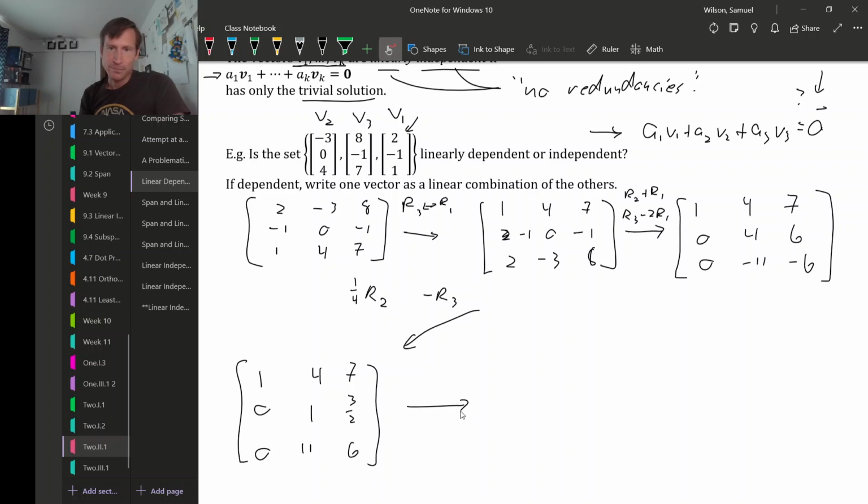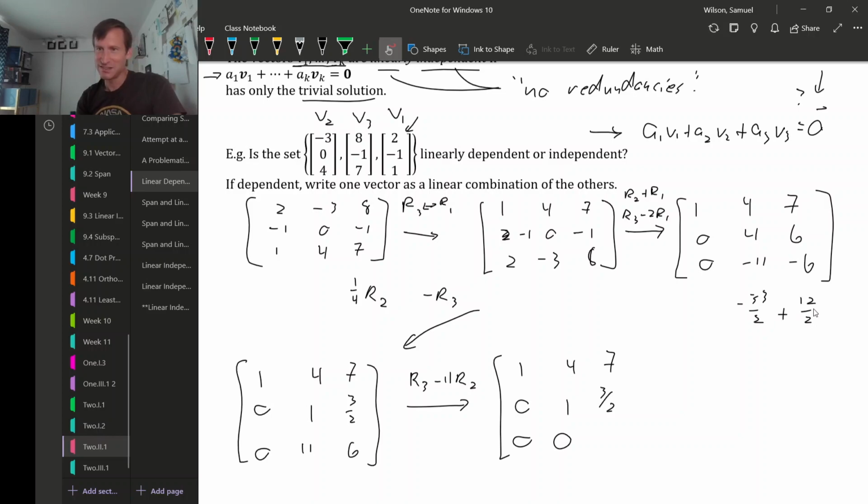Now we'll do row 3 minus 11 times row 2. So 1, 4, 7, 0, 1, 3 halves, and then 0, 0, and then 11 halves minus 33 halves. Minus 33 halves plus 6 is 12 halves, so minus 21 halves, right?